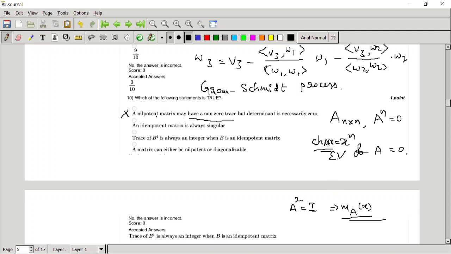Here whenever A is nilpotent, we cannot say A power k equals 0 for some fixed k. Of course it can be equal to 0 for some value k, but we may not say it is for a fixed k. But using the characteristic polynomial we always have x power n, so we can say A power n equals 0, because n is the order.